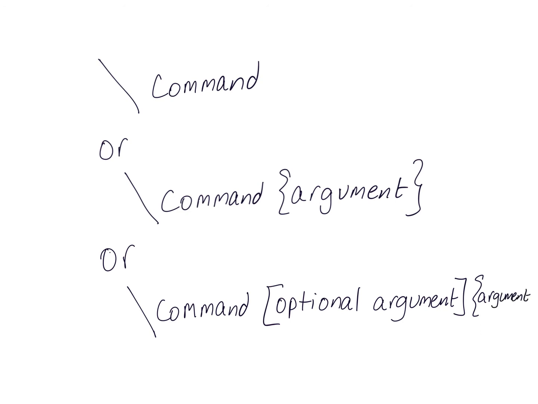Like in the first line of your document class, that's what it looked like. So most of your commands will look like this, and then we'll talk about other stuff afterward.